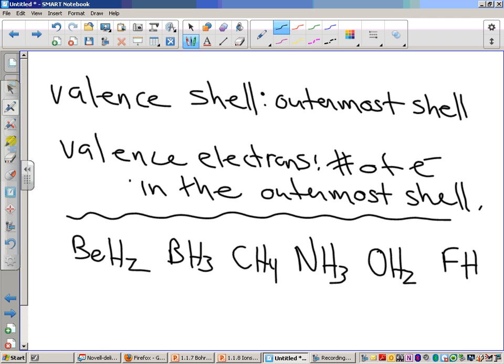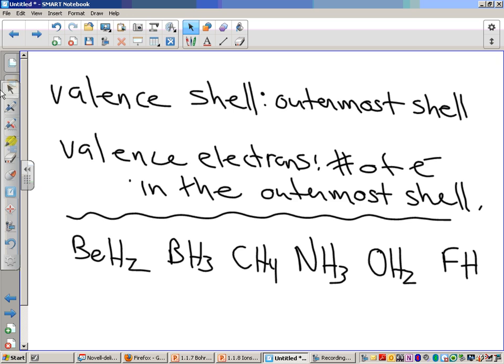The number of outer electrons that are available to share or to bond or to trade with, right, to make a bond, determines how that bonding takes place. So we now ascribe that term valence to the outer electrons, because we now know it's the outer electrons that give the chemical its bonding power. Okay? So that's where the term valence comes from. It's very important that we use that term and understand it.